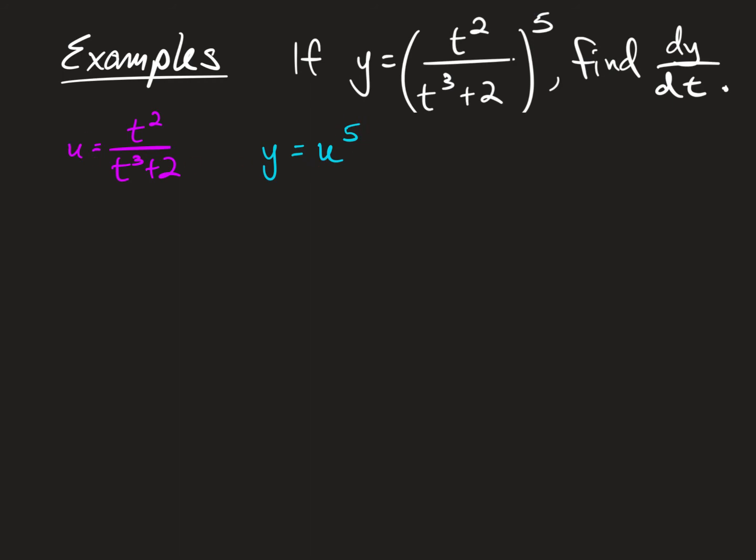So honestly, since we're going to be taking the derivative of these, I'm going to do this one first because dy du is going to be easy enough. That's 5u to the 4th power. But taking the derivative of u with respect to t is going to require the chain rule. So I will slowly release some steps up here on how that looks.